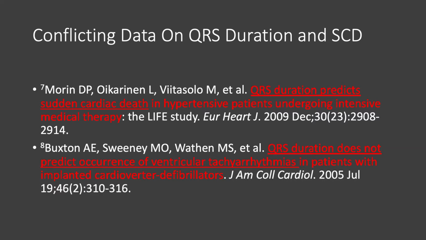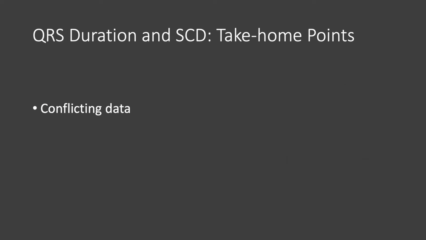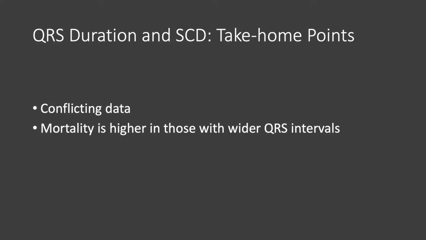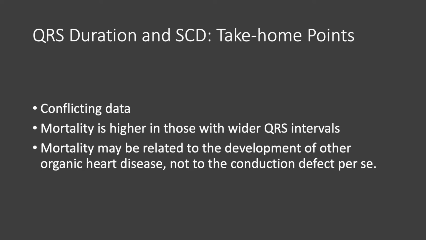The second is QRS duration does not predict occurrence of ventricular tachyarrhythmias in patients with implantable cardioverter defibrillators. So the take-home points here are the data are conflicting, but we know that mortality is higher in those with wider QRS intervals. However, that mortality may be related to the development of other organic heart disease, not the conduction defect per se.